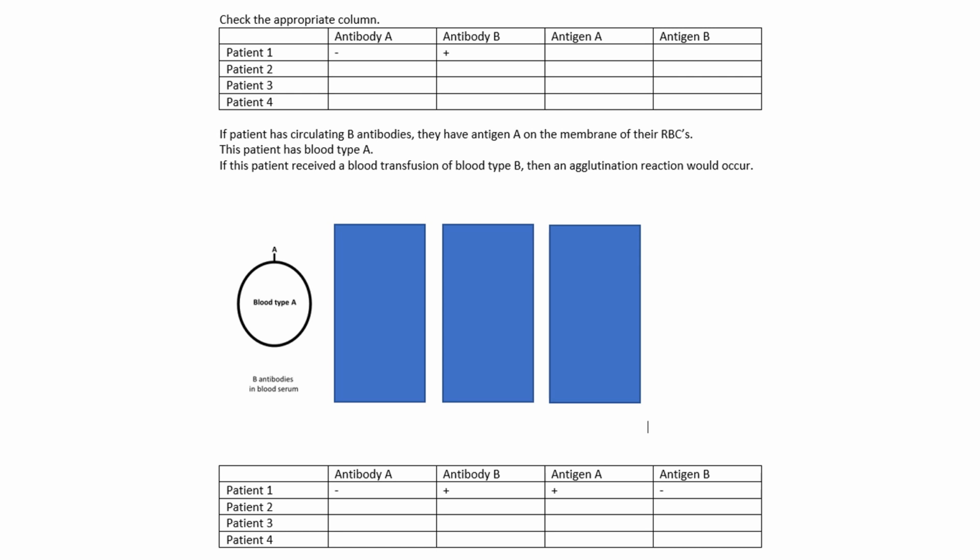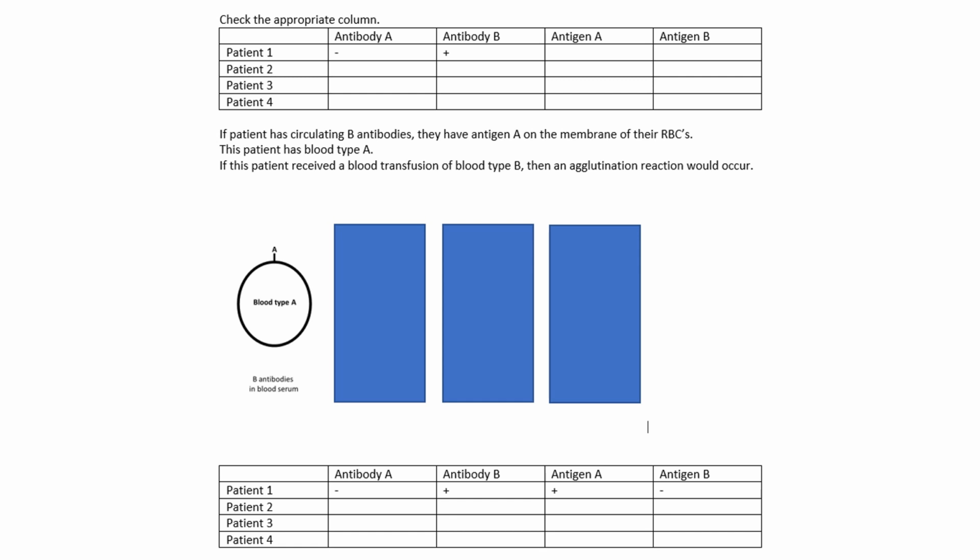So for example, patient 1, you have determined that they have an antigen that is named antigen A. If they have antigen A on their red blood cell, they would produce antibodies against the foreign red blood cell, which would be antigen B. So then this person has antibodies, antibody B. So this person has antibodies for B blood type.